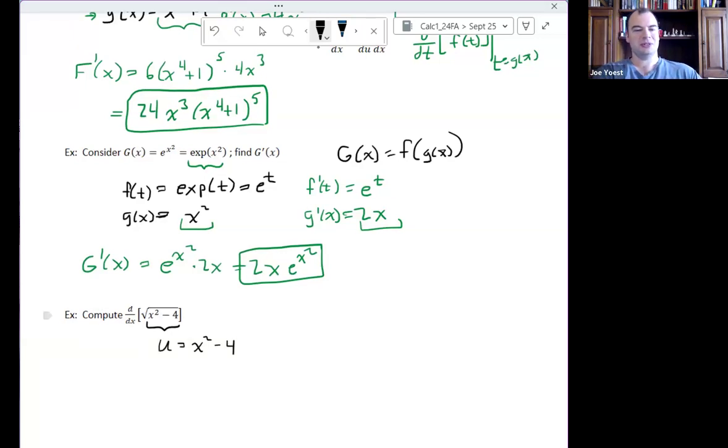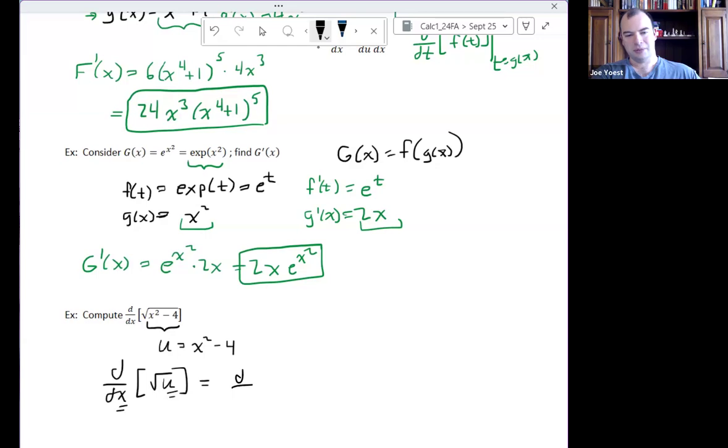So if I pick u equals x squared minus 4, if I give that a different name, u, then really what I want to do is compute the derivative of the square root of u with respect to x, though.